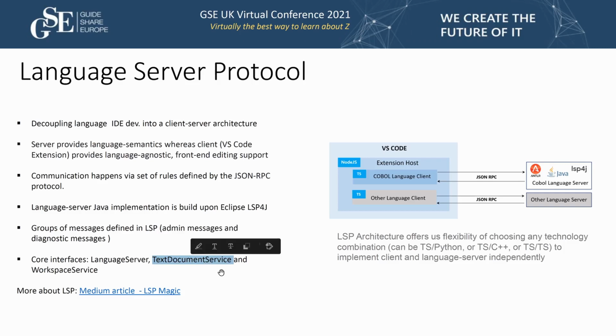All these activities are done in the text document service. The workspace service is responsible for workspaces, and especially in VS Code, there is a separation of workspace and project global definition. This will be very handy when you are implementing these services.